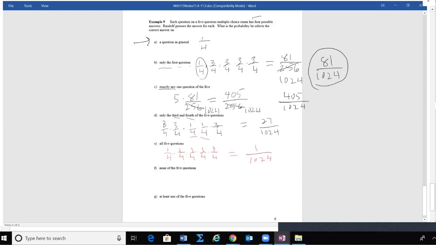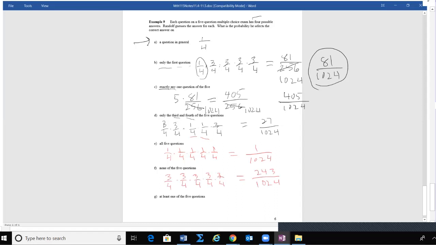Okay, none of the 5 questions correct. Well, that's sort of the flip side of that coin. 3/4, 3/4. There's only one way that can happen, just like that. And that's going to be over 1024. And what is that? 81 times 3 is 243.